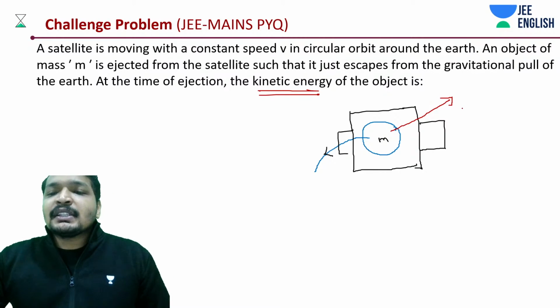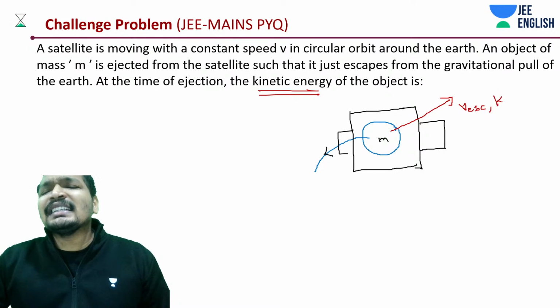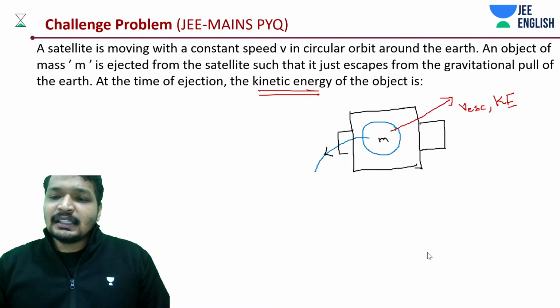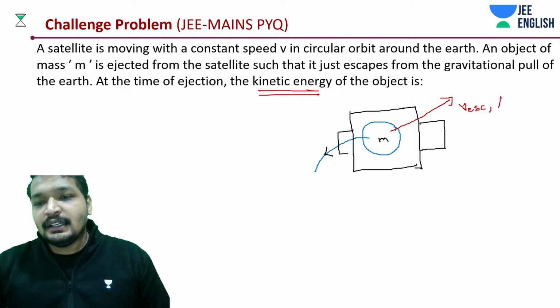Okay, so what I am saying is some velocity has to be given. Basically, some kinetic energy has to be additionally given. Some delta KE, let's keep it as delta K, some additional kinetic energy has to be given.